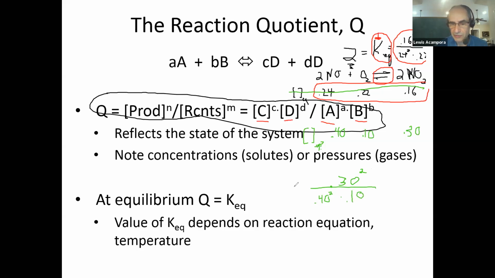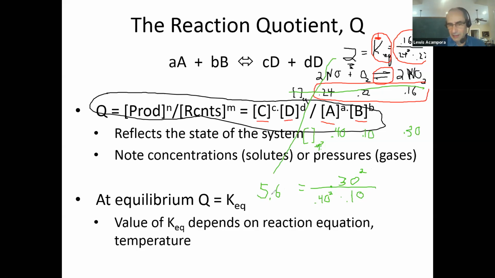And when I do the arithmetic on that, let's see, 0.3 over 0.4 is 0.75. I'm going to go ahead and square that and then divide by 0.1. I get a number of 5.6. And 5.6 is clearly not equal to 2. So I know I'm not at equilibrium.